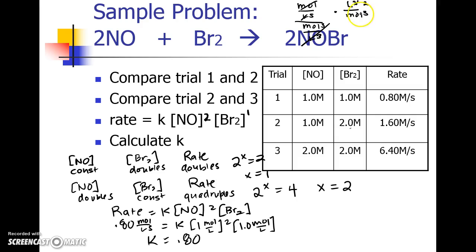I lose 1 mole, and I bring that down to 2. So my units that are left are liters squared over moles squared seconds. So I can put that in. Liters squared over moles squared seconds. Sorry, it's not writing very well at the bottom of the screen.